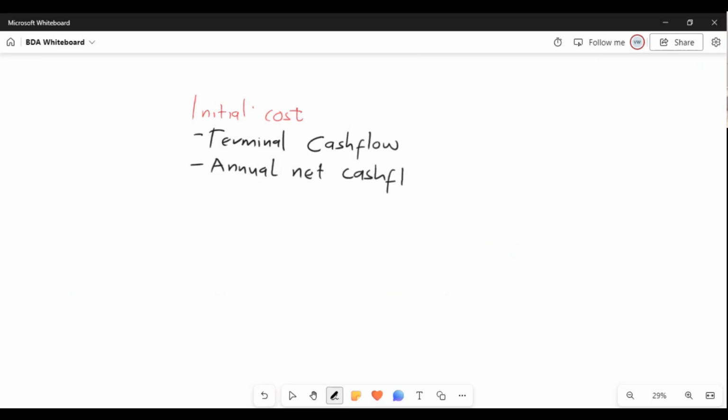There are some instances these cash flows may be given. So this is the initial cost, the terminal cash flow, and the annual net cash flow.